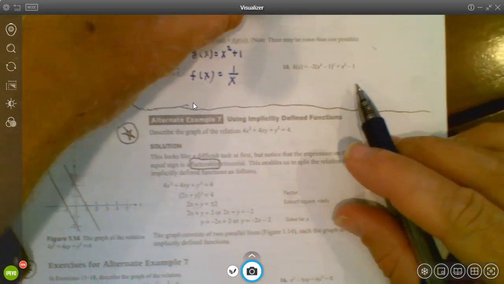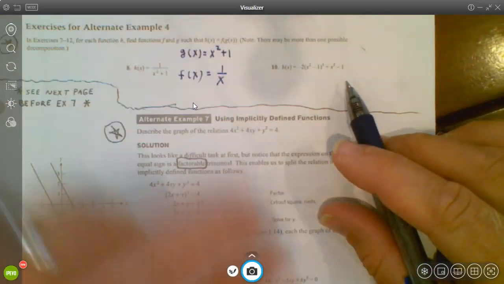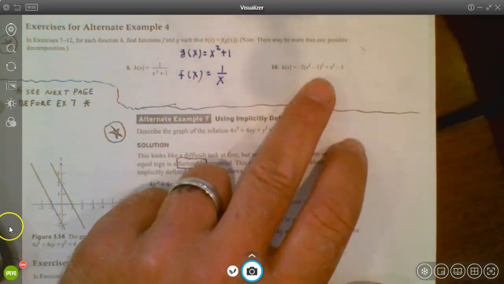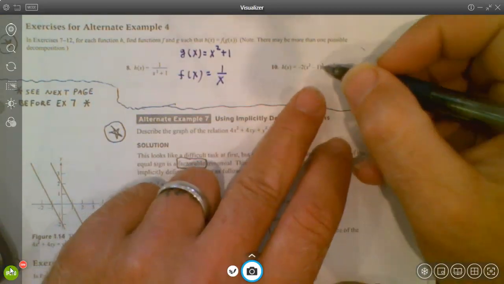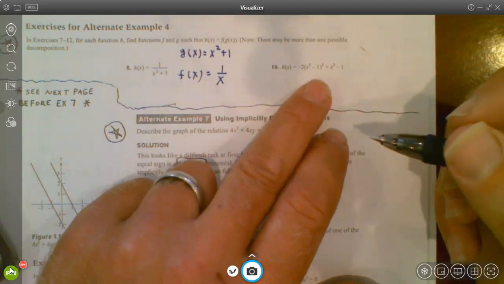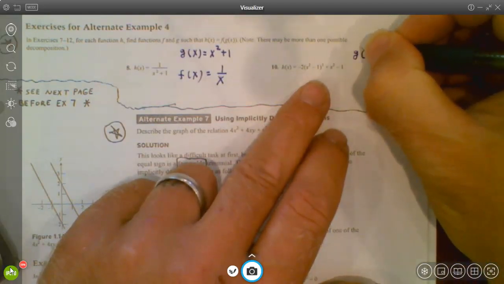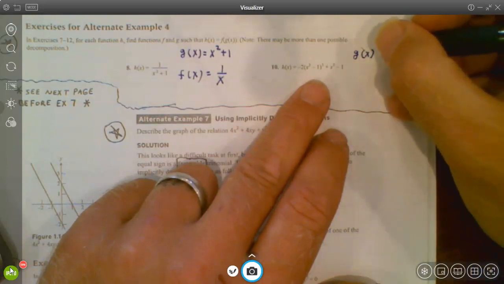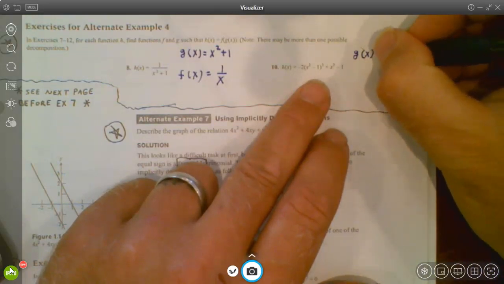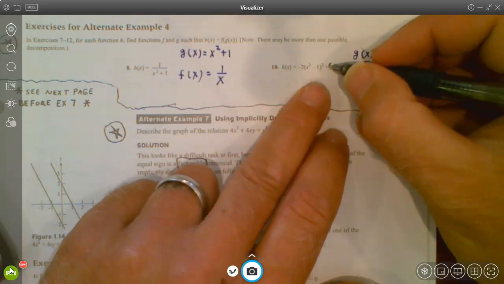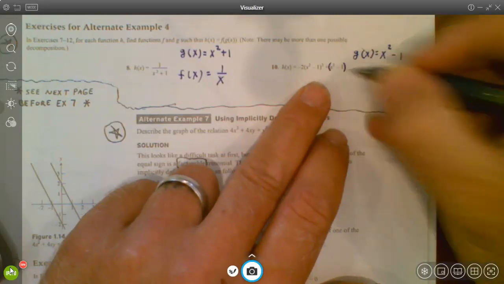And then again, those parentheses kind of tip us off as to that interior function. So we're going to let g of x be the x squared minus 1. And you can see it might have been more clear had they put parentheses here too.